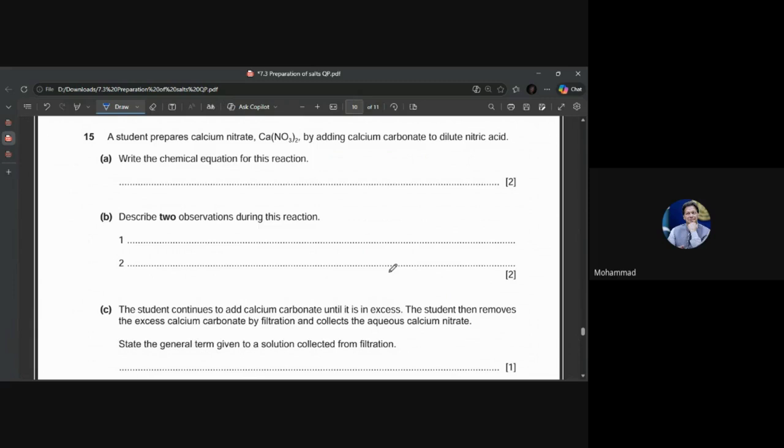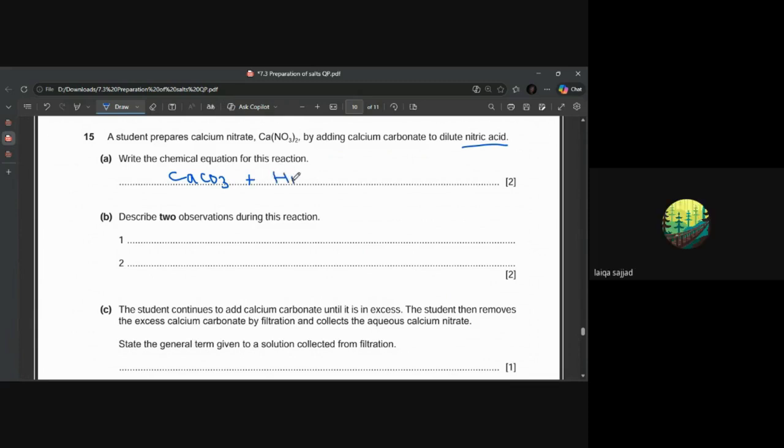It will be calcium carbonate and nitric acid. Very good. So, what are the chemical formulas for calcium carbonate and nitric acid? CaCO3, very good. It's CaCO3 plus HNO3, it's HNO3 for nitric acid.